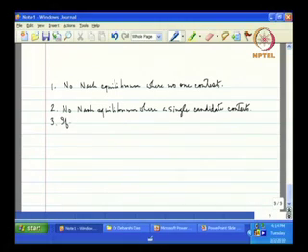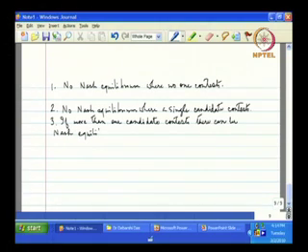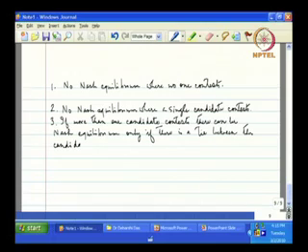Thirdly, if more than one candidate contest, then there can be Nash equilibrium only if there is a tie between the candidates.